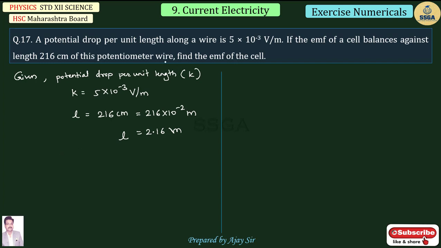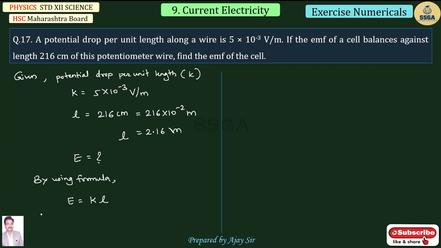So now next, that is to find the EMF of cell. So what is the EMF of cell? So this you have to find. So let us use the formula, that is E is equal to K into L. So this is the formula, that is the principle of potentiometer, that is EMF of the cell is directly proportional to the length of the wire, and K is a proportionality constant, that is called potential drop per unit length.